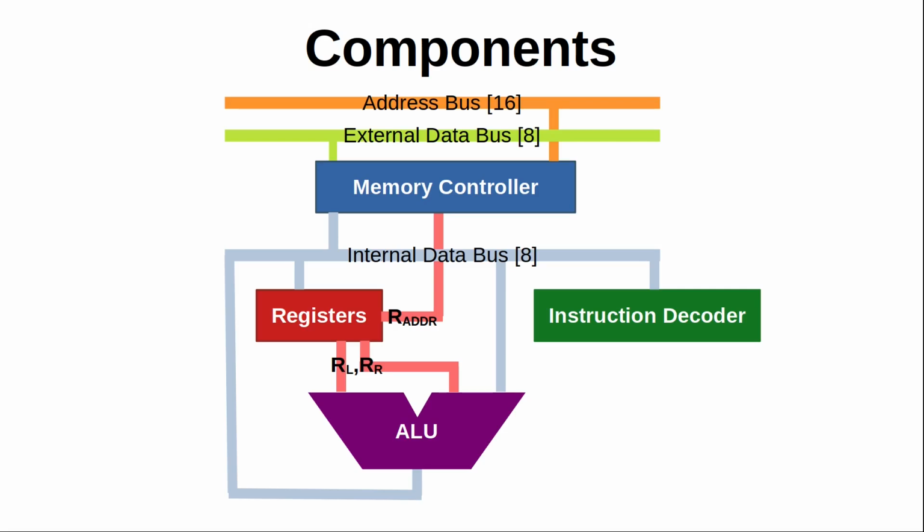And then that internal data bus will be available to the rest of the components in there. And of course, it is also going to be bidirectional because we're going to be feeding data back to the memory controller, especially for when we want to write an 8-bit value out to memory. And all reads and writes are going to be 8 bits at a time, just by the nature of this processor. And again, just to keep it simple.